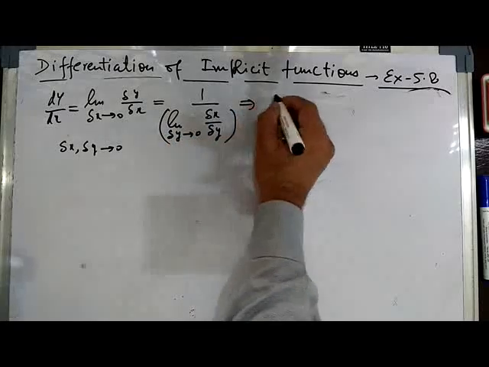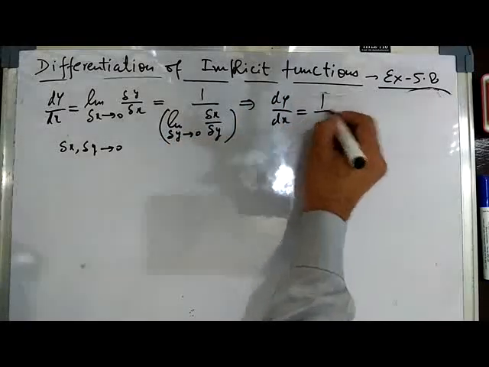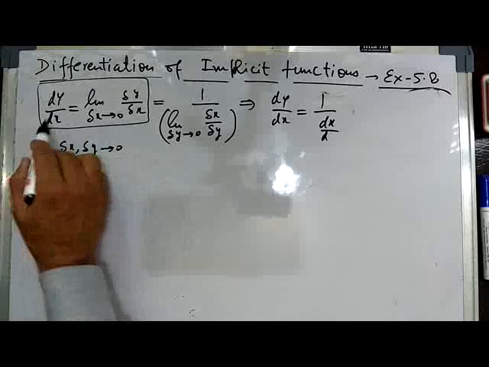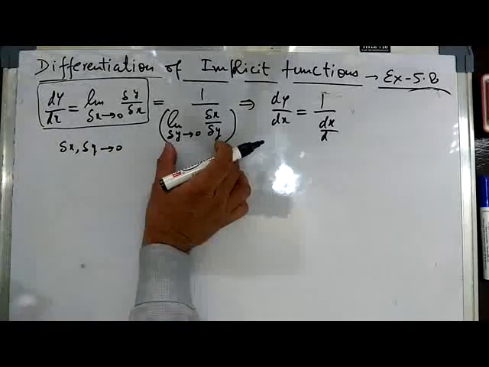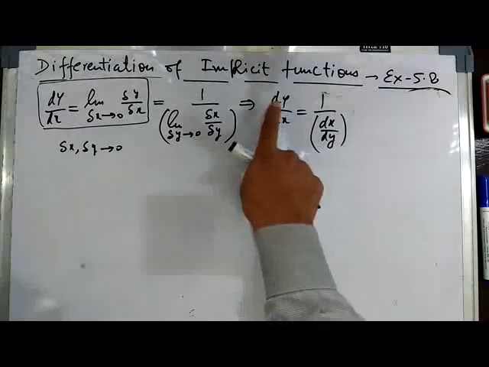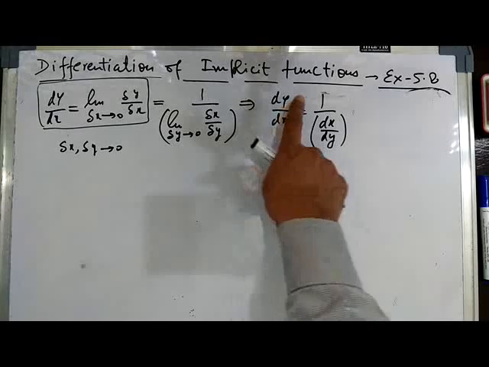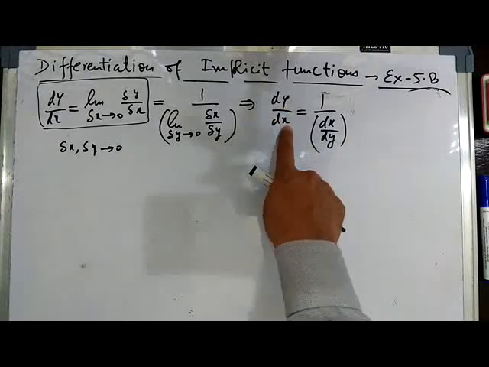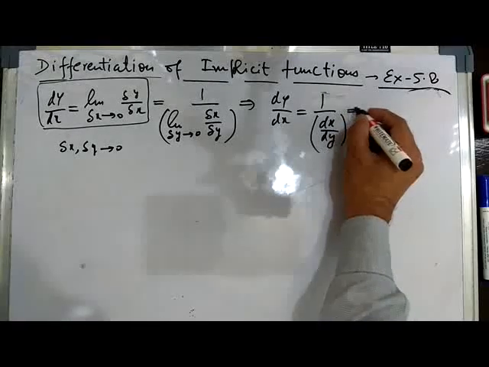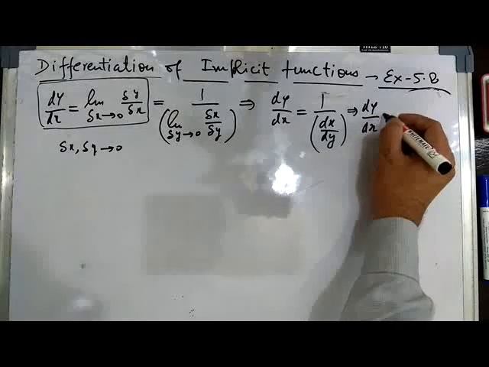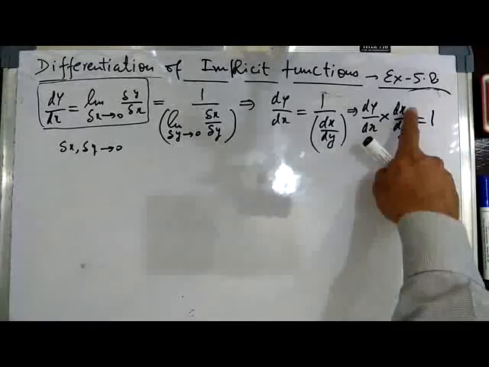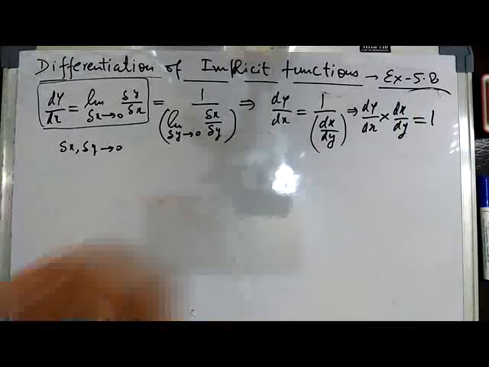So this is the first principle method of y with respect to x, and this can be the first principle method of x with respect to y, dx/dy. So you can say that the differential of y with respect to x is the reciprocal of the differential of x with respect to y. Or you can say that dy/dx into dx/dy is always 1. Remember that we are not cancelling; it is due to this particular result.